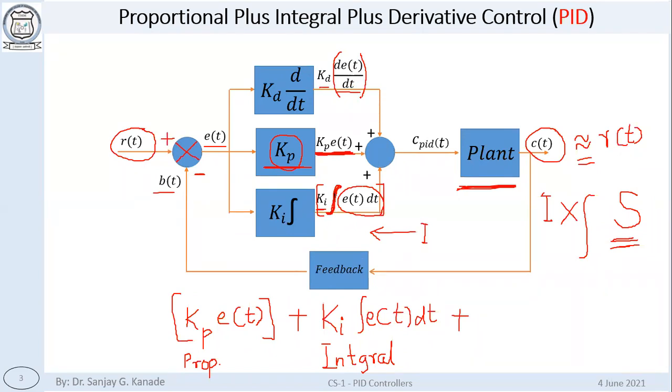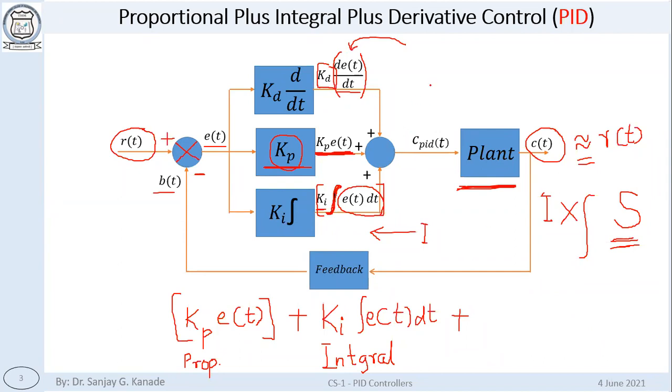So here is the derivative of the error, de(t) by dt. Error is the input, d by dt of e(t) is the derivative of the error, and it gets multiplied by Kd. Again, Kd is a constant to provide weight to the derivative of the error.